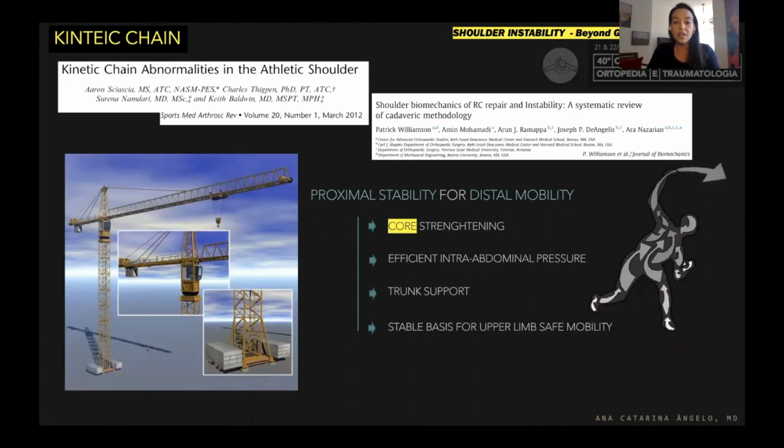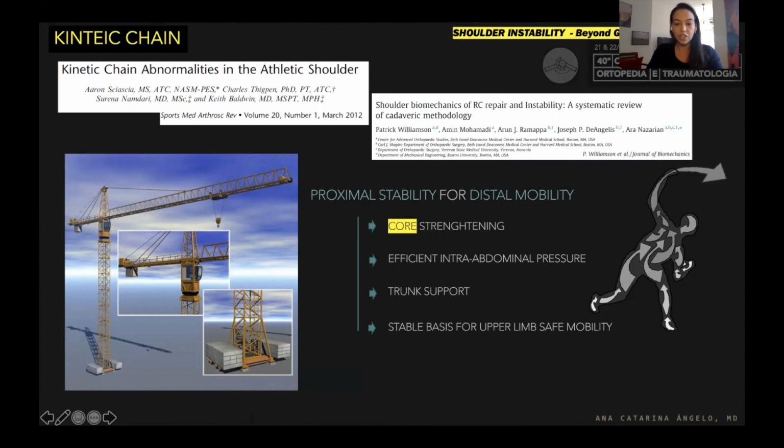As you can see here, we need a stable core to have distal mobility without lesion. So here is our crane. The base of our crane is our core, you have the counterweight, that is the scapular stabilizers, and our upper limb is the crane itself.